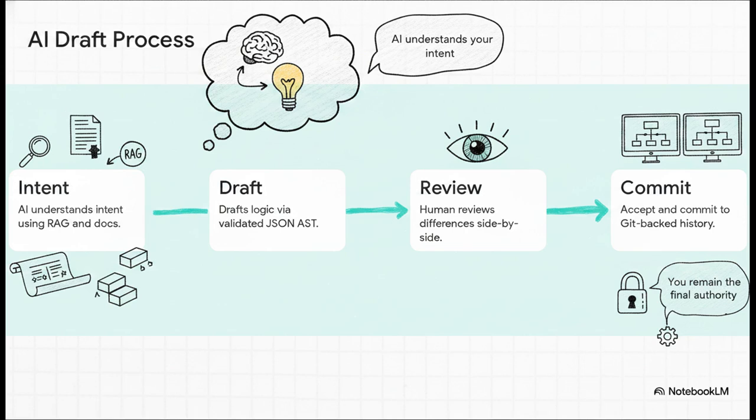Second, it drafts a logic proposal using validated structures, so there's no hallucinating random function block names here. But the third step is where the magic happens. The system will never silently patch your files. Never. Instead, it creates a draft proposal that absolutely requires your strict human review right there in the workspace. You get to review the differences side by side. Finally, in step 4, only when you are 100% satisfied, you accept and commit it. You are always the final authority.